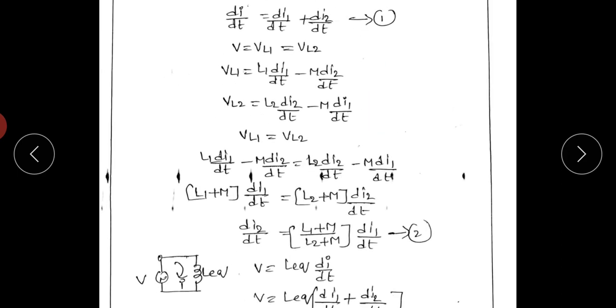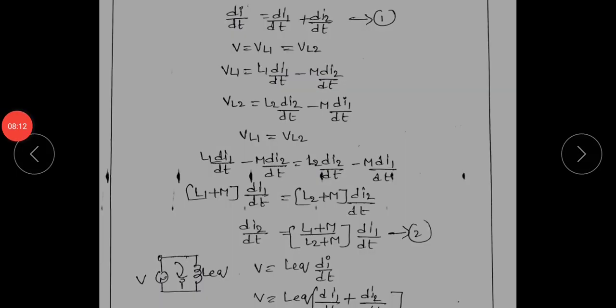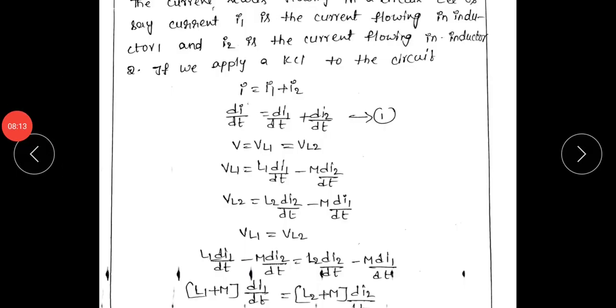Next, VL1 equals L1 into di1 by dt minus M into di2 by dt. In parallel opposing connection, the resultant EMF value decreases, that's why there is a minus sign. In parallel aiding connection, the self-induced EMF and mutual induced EMF are in the same direction and the total induced EMF increases.